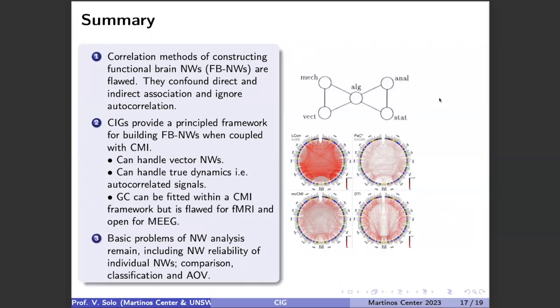So I'm basically saying the correlation methods are hugely problematic, that conditional independence graphs or conditional independent networks do provide a principled framework for building functional brain networks, but when coupled with conditional mutual information, because that's how you're going to handle the vector signals at each node. And then you can do it all. You can handle true dynamics in time and so on. But still there's a stack of open questions.